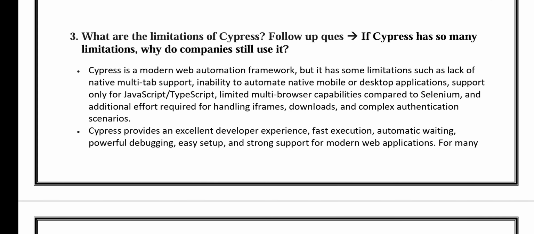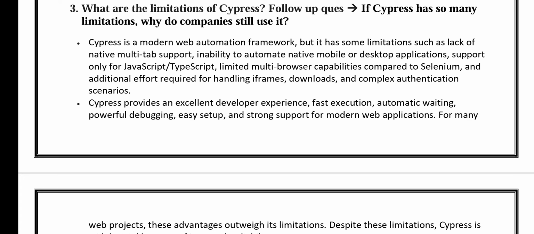The next question goes like, what are the limitations of Cypress? And on top of this, if Cypress has so many limitations, why do companies still use it? Cypress is a modern web automation framework, but it has some limitations such as lack of native multi-tab support, inability to automate native mobile or desktop applications, support only for JavaScript or TypeScript, limited multi-browser capabilities compared to Selenium, and additional effort required for handling iframes, downloads, and complex authentication scenarios.